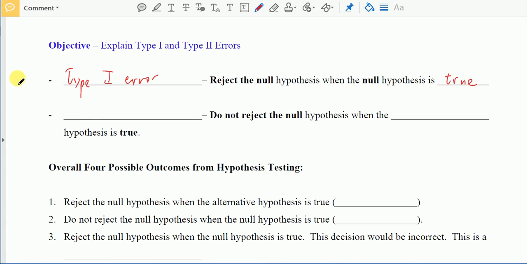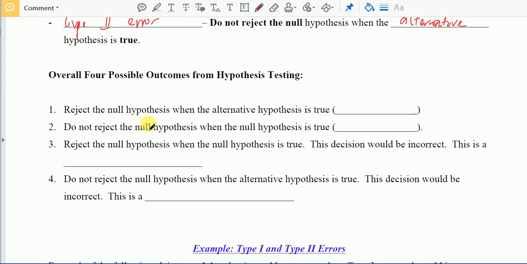Another type of error is called a type 2 error. A type 2 error is that we do not reject the null hypothesis when the alternative hypothesis is true. The alternative hypothesis is true, but we didn't reject the null hypothesis. So this is the type 2 error.